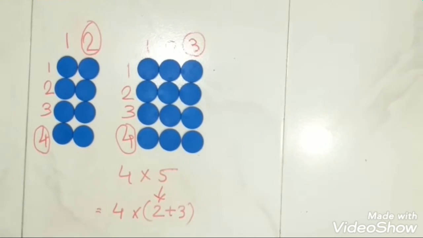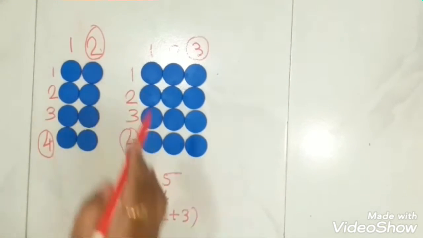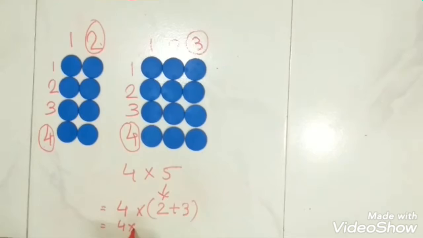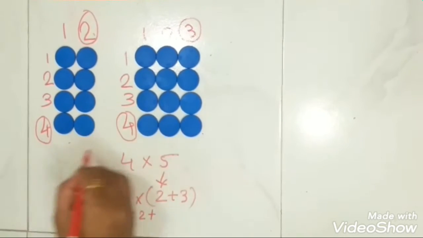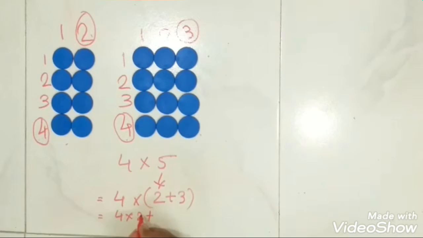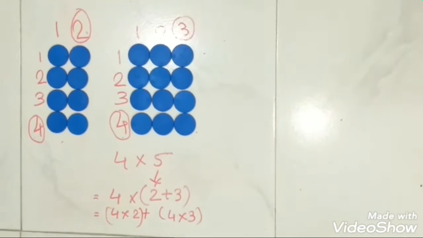You can see here. Now what I have to do: 4 into 2, you can see rows and columns, so I will do 4 into 2 and addition of these 2 rectangles, so 4 into 3.